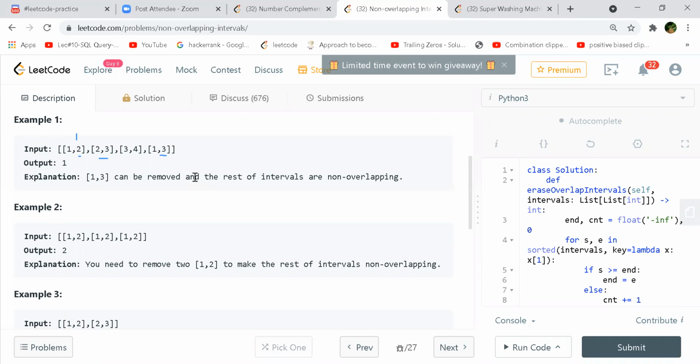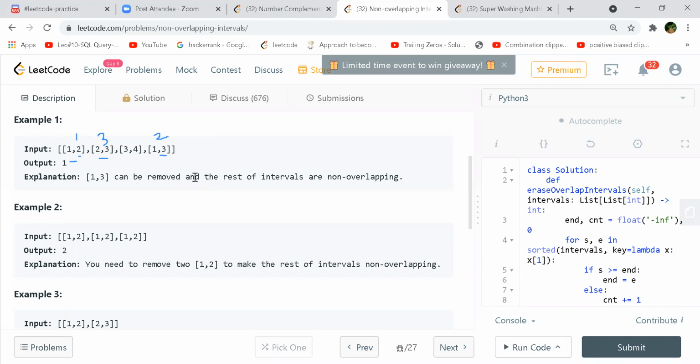So what they are saying is, the first case we solved, 1 2. Now when we come to 2 3 and 1 3, the end value 3 is the same, correct? So in this case, when these are the same, it is going to sort based on the start value.